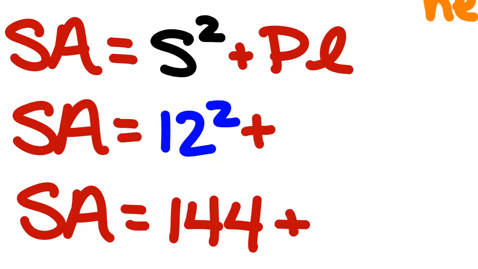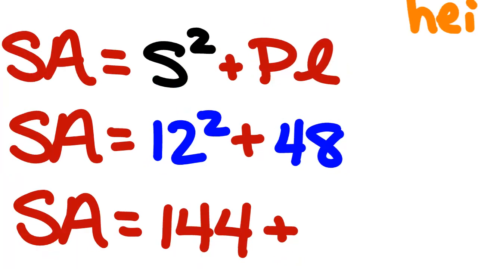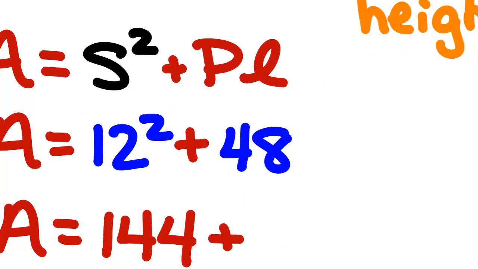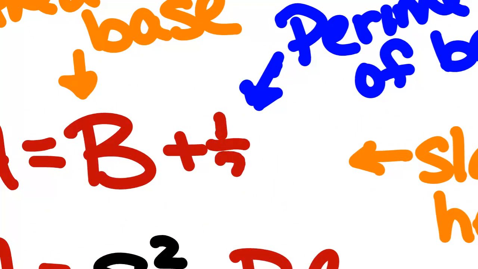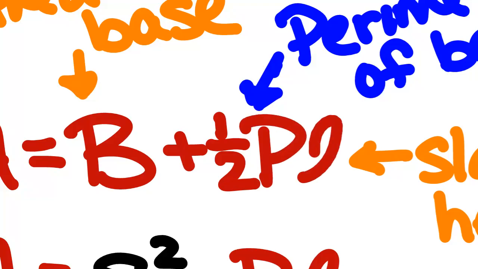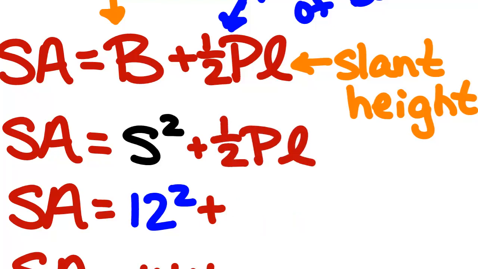What's the perimeter again? 48. And what did we say the slant height was? 10. Ooh, I forgot my 1/2 here, guys. 1/2 PL. I am so sorry. 1/2 perimeter times my slant height. Perimeter is 48.